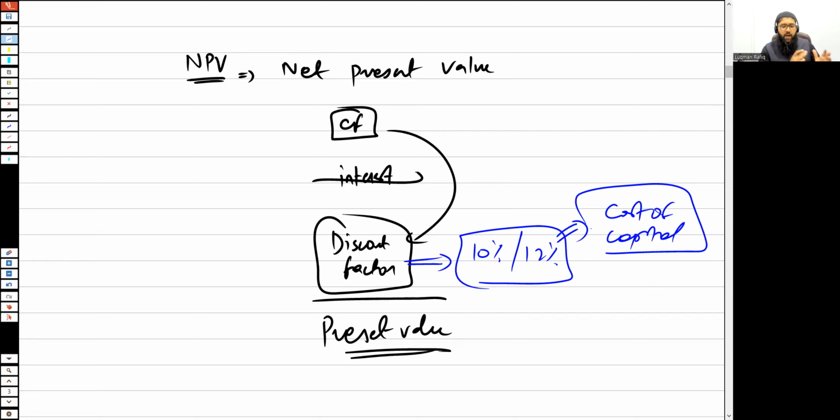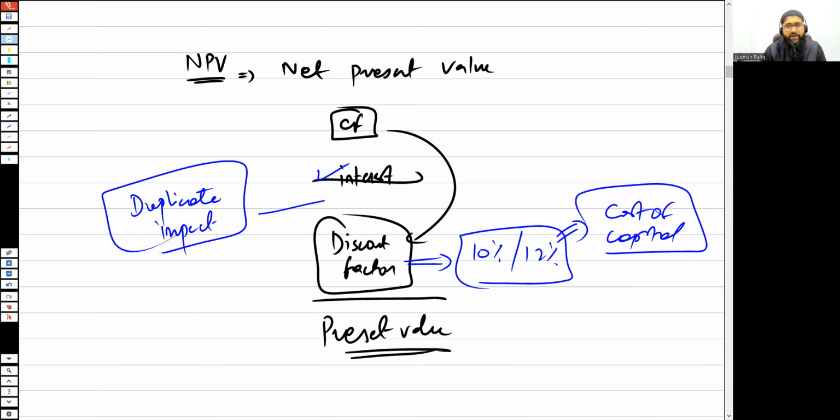Is that okay now? So if we include the interest in the cash flows also, then this would actually have a duplicate impact. So we don't incorporate the interest in the cash flows calculation.